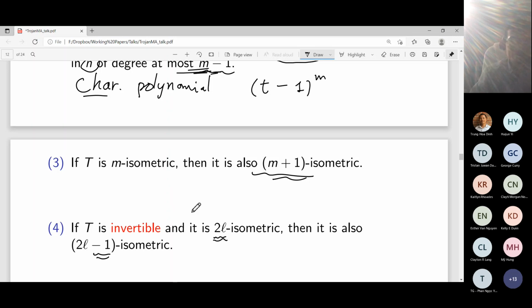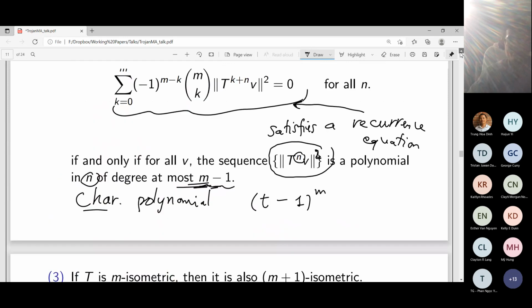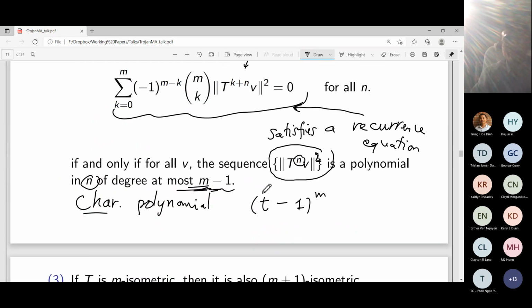The idea to see this is as follows. It's also from the characterization using the sequence. It's a little bit more involved, but the idea is as follows. In the case the operator is invertible, then it turns out that the norm of T^n v here is also a polynomial in n for even negative values of n, right?